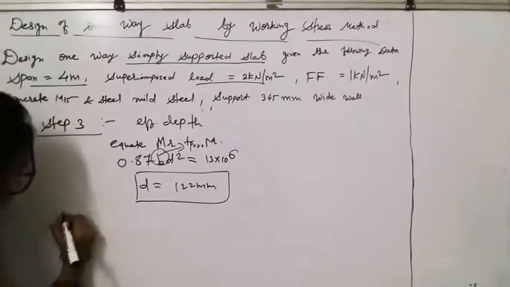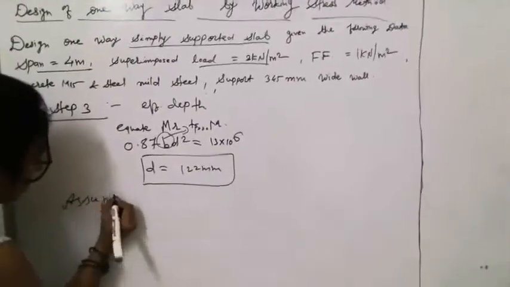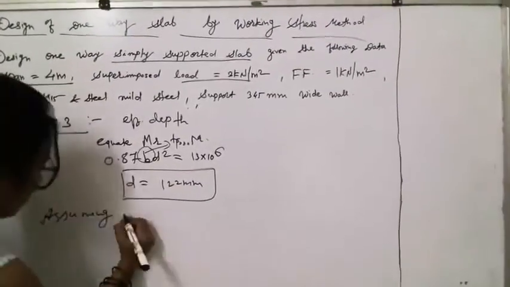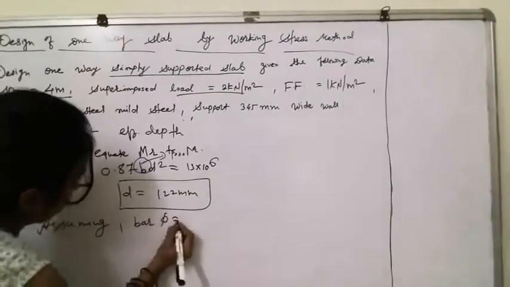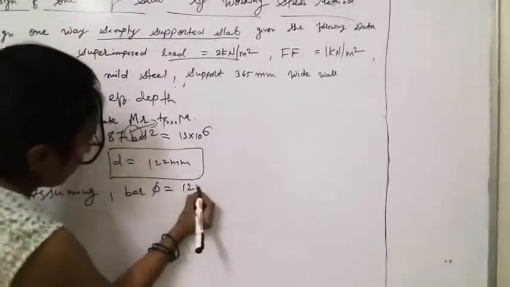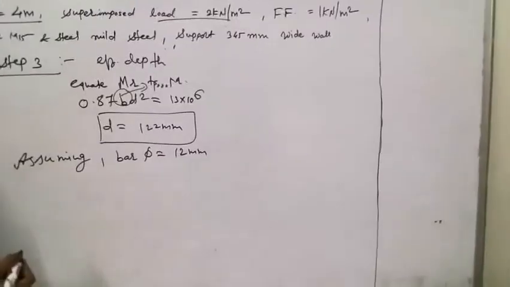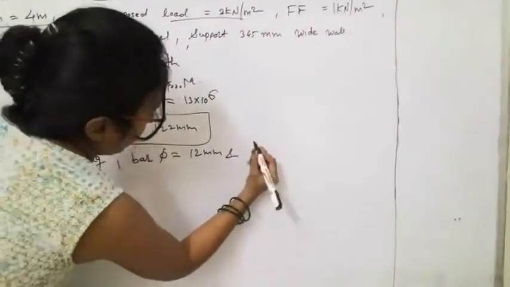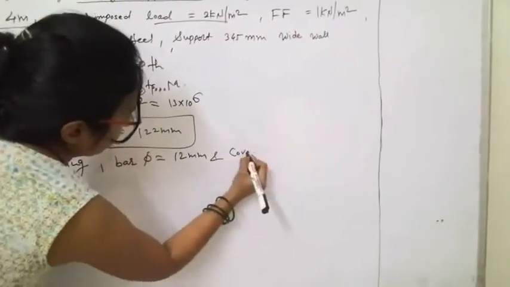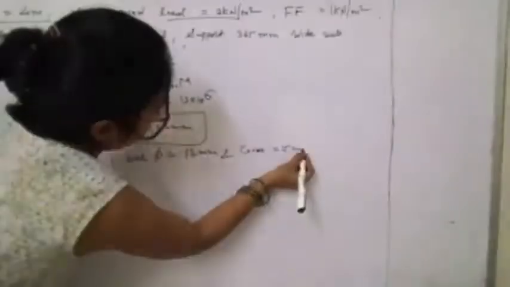Then, assuming the bar diameter is 12 mm. Assume the diameter of bar is 12 mm. And I already told you the cover is 15 mm.